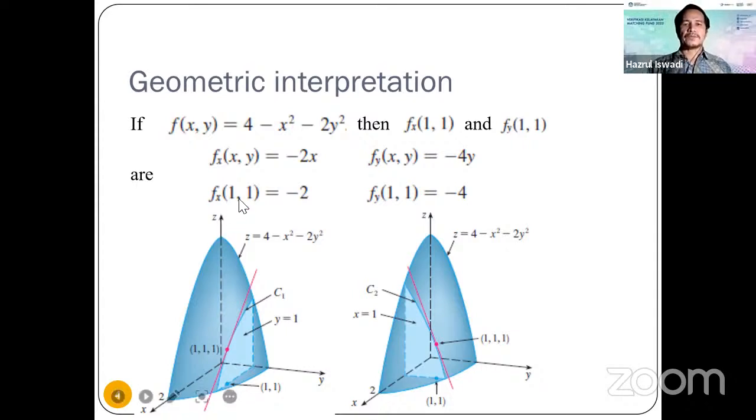Substituting x by 1, we have the value of the partial derivative with respect to x is minus 2. And also for the partial derivative of f with respect to y, substituting x and y as 1 and 1, we replace y by 1 and we have minus 4.